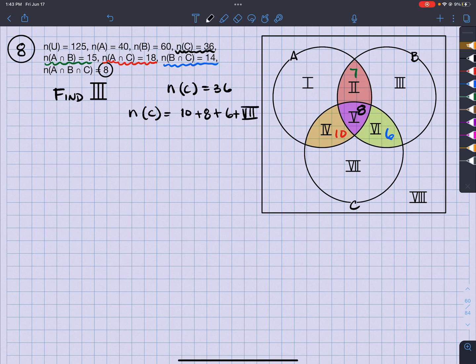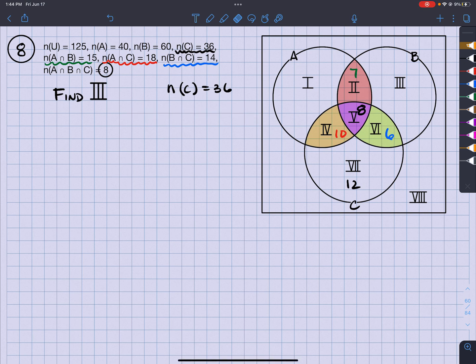So that means I have to add all these together, which gives me 24, subtract it from the 36. So this is going to be 12. Okay? So I should have actually said it this way instead. This might help more.